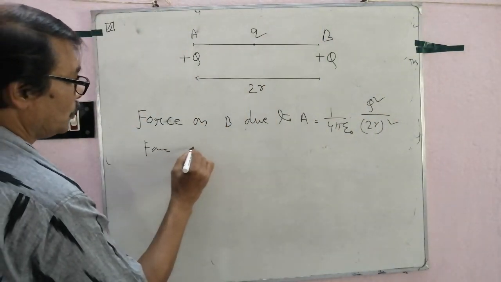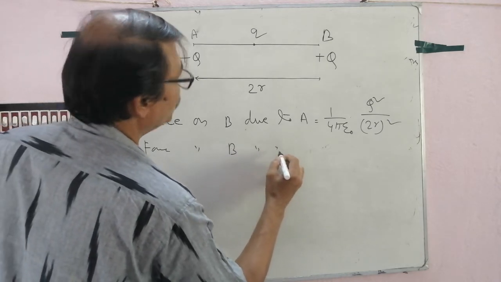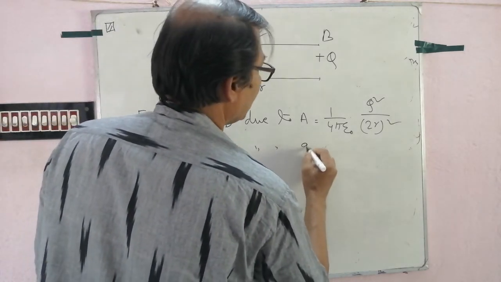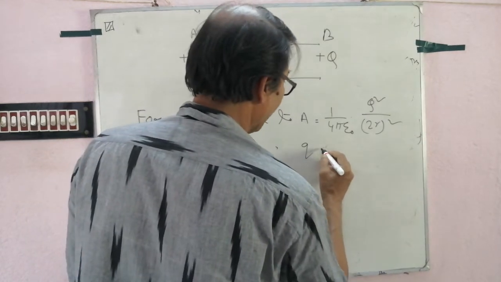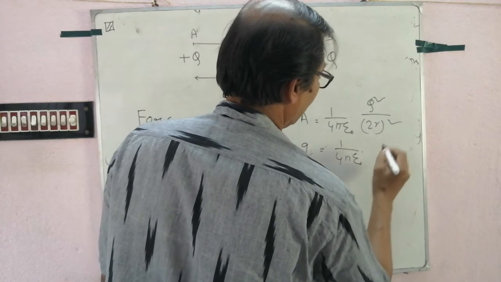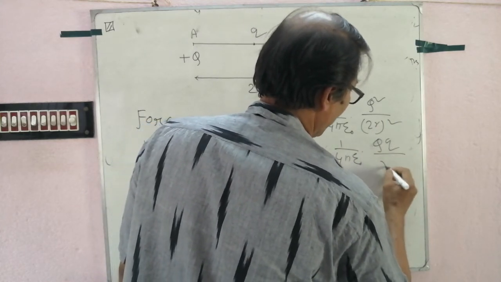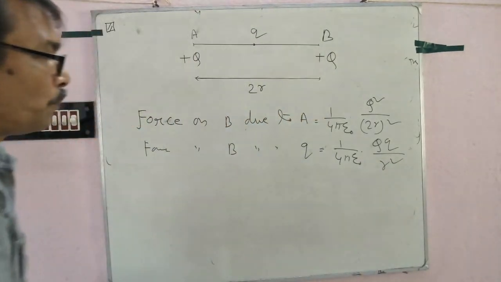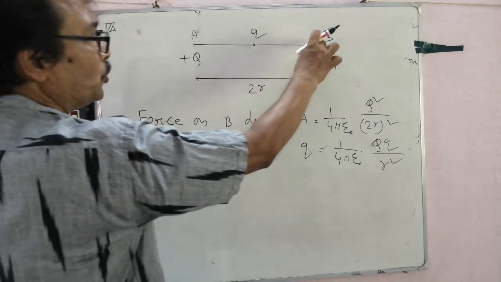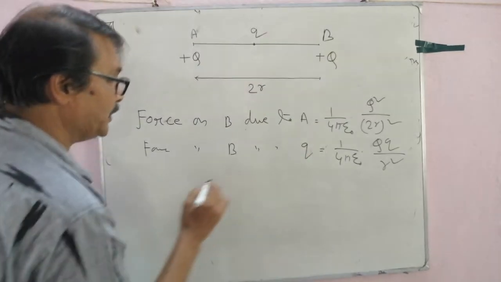Force on B due to the q charge, 1 by 4 pi epsilon naught q by r square. For equilibrium, the total force on B due to both these two charges will be 0.